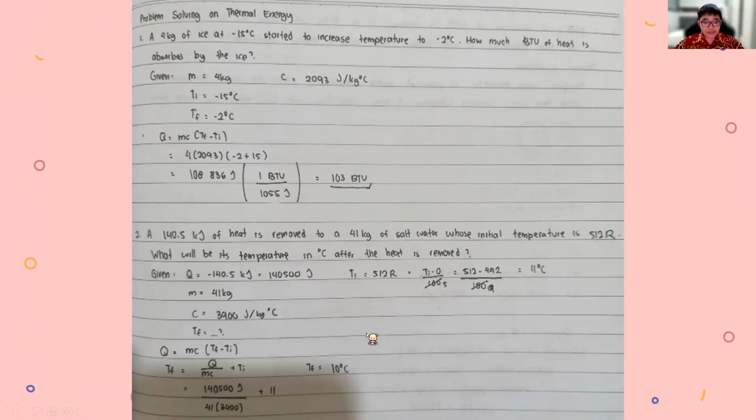But this time, it is asking for the temperature. The final temperature will equal the heat over the mass times the constant, plus the initial temperature, which is equal to 10 degrees for the final temperature.